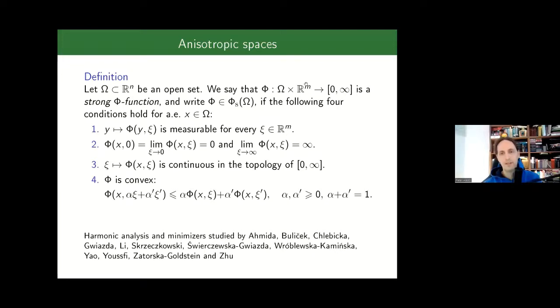So this phi now depends on a vector parameter in the second place. For this last part, instead of weak phi functions, I used strong phi functions. The difference is in the third condition, where it is assumed that with respect to psi this is continuous in the completion topology of the positive real line.